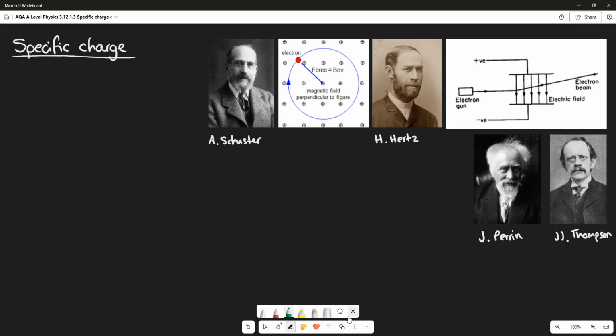Also, in the late 1880s and early 1890s, Heinrich Hertz was using an electric field technique to try to calculate specific charge. He was of the belief that these cathode rays were waves instead of particles, and some of his experiments were designed to show that the cathode rays behaved like waves instead of particles.